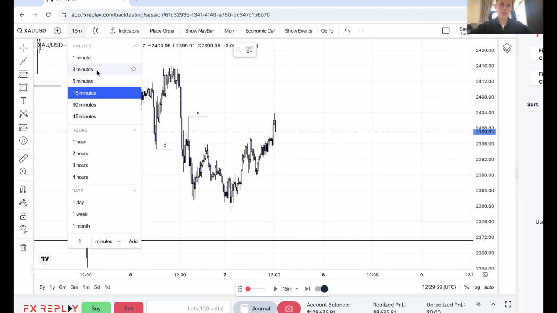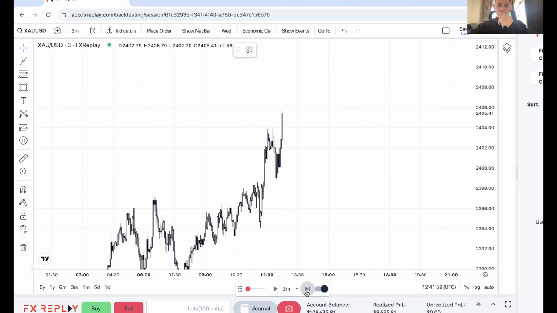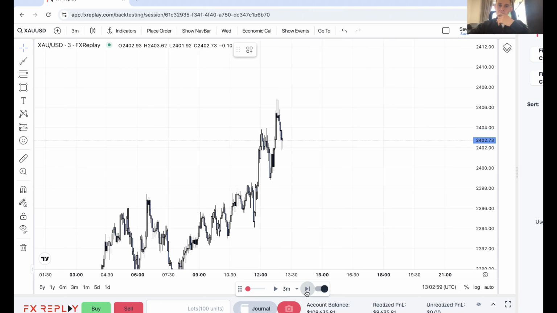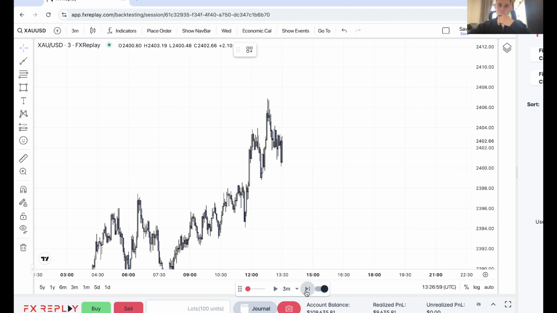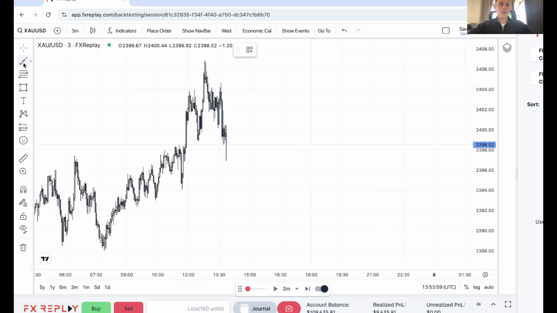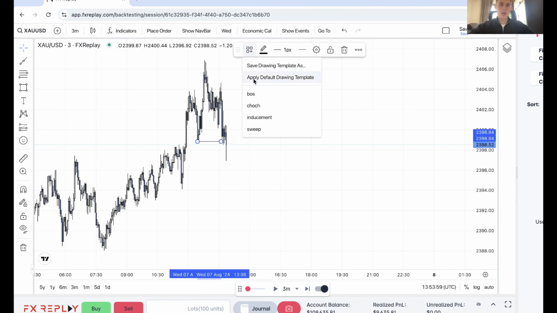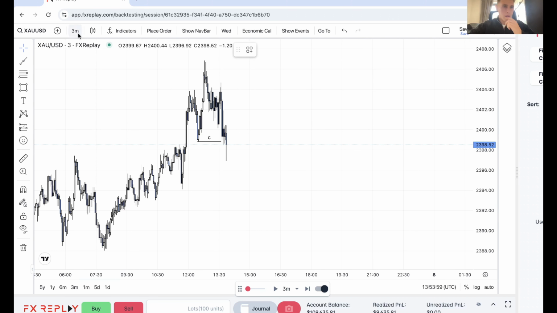There we go. So let's see if price presents any sells. Following this structure, we had higher low, higher high. Price then breaks into new lows, like so.